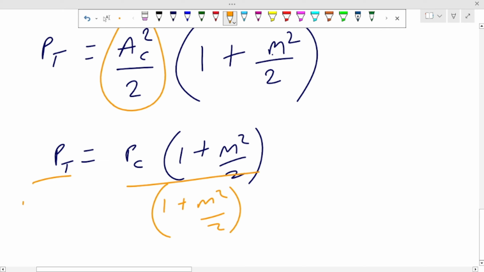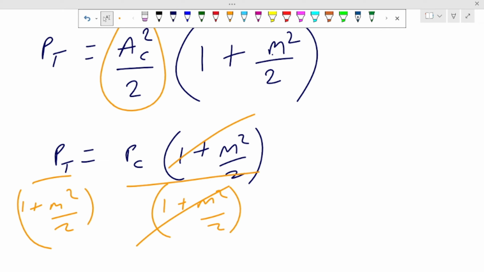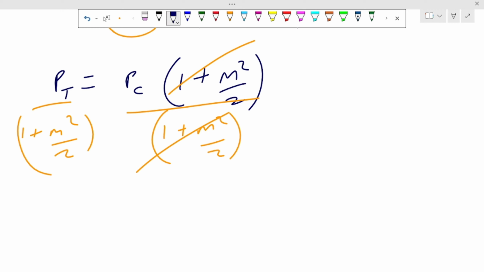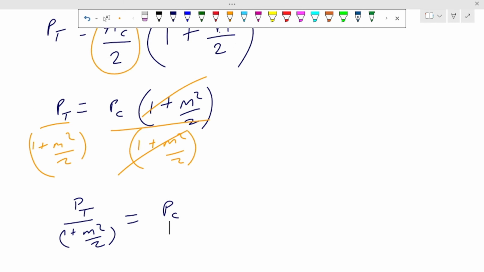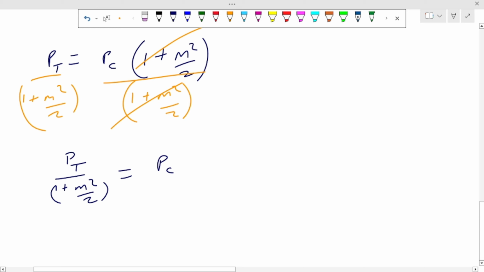So this cancels this, and that will now give us PT, total power, over 1 plus M squared over 2 equals what? PC. Because we have to look for PC. So I can just even switch the sides and bring PC this way.